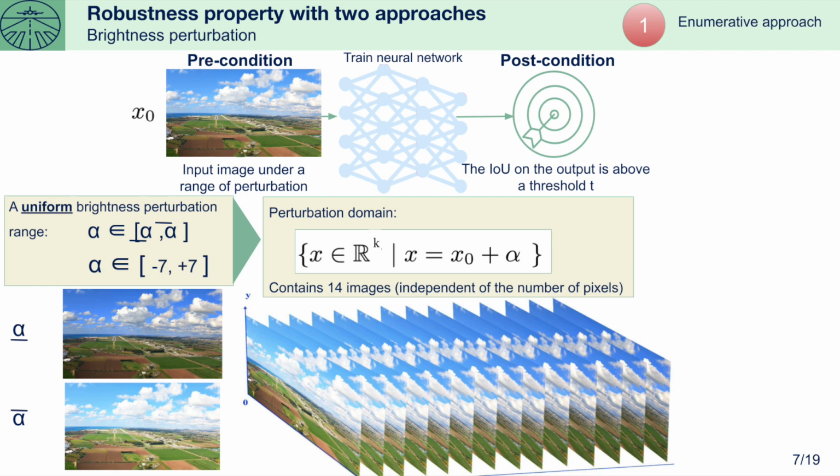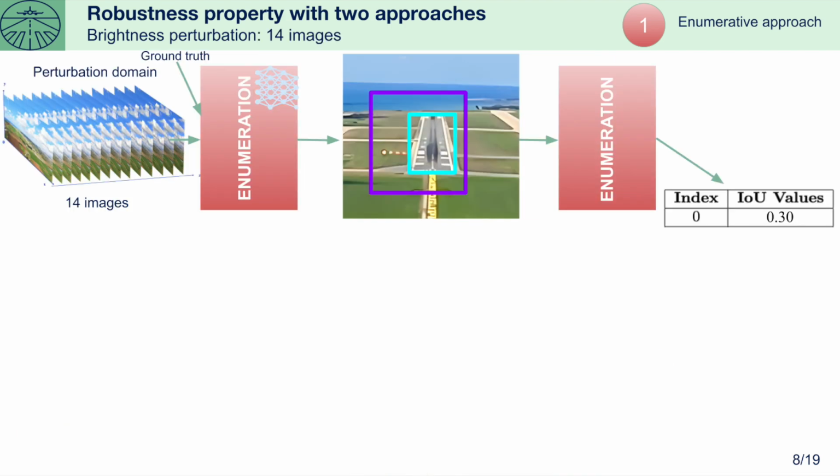Indeed, we can set up a little pipeline. Each time we take an image from our perturbation domain, we perform an inference on our model, obtain a predicted bounding box, compare it to a ground truth, and then calculate the IOU.